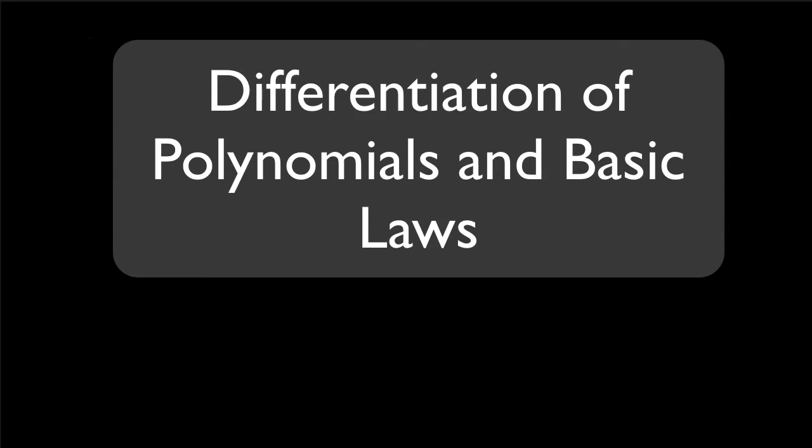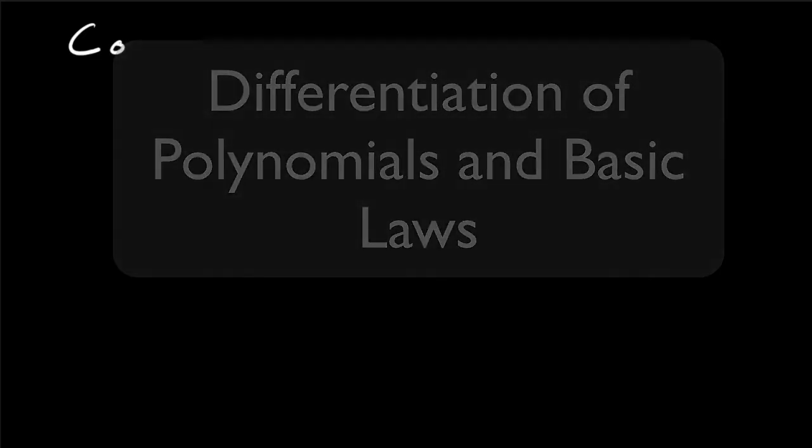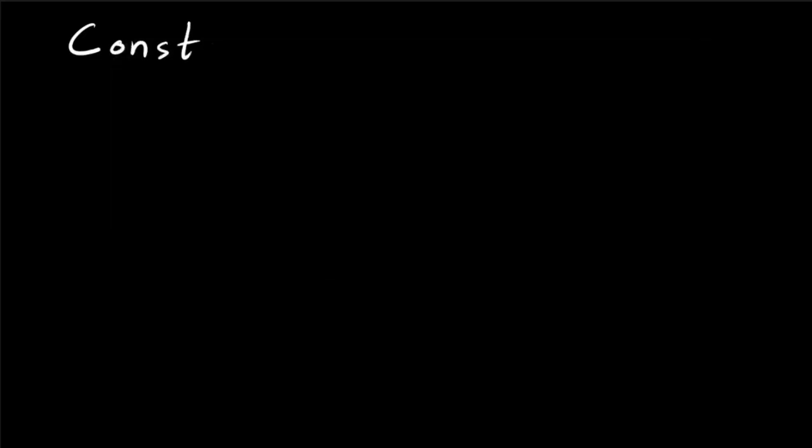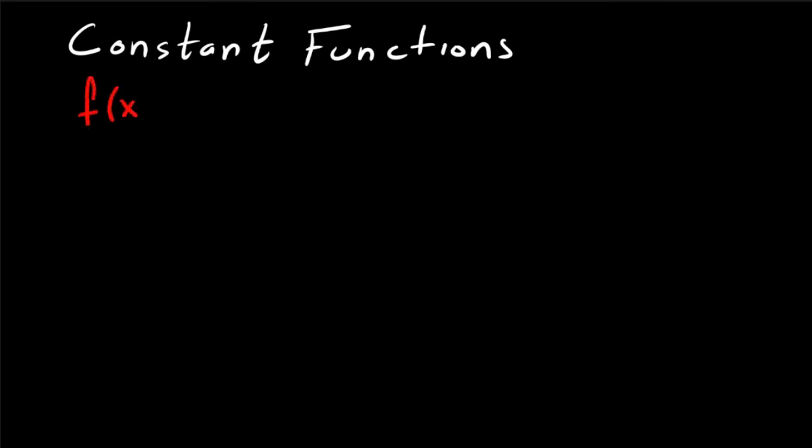Okay, so we're going to go through some of the basic rules. We're not going to prove any of them. We're just going to go over them, and the proofs I'm going to do in a separate video. The first type of function that I want to look at is constant functions. Take a constant function, for example, f of x equals 4.